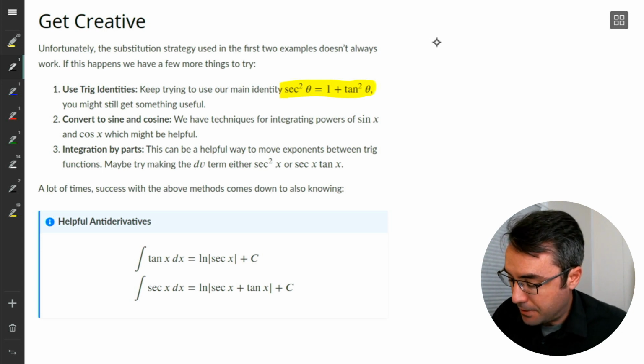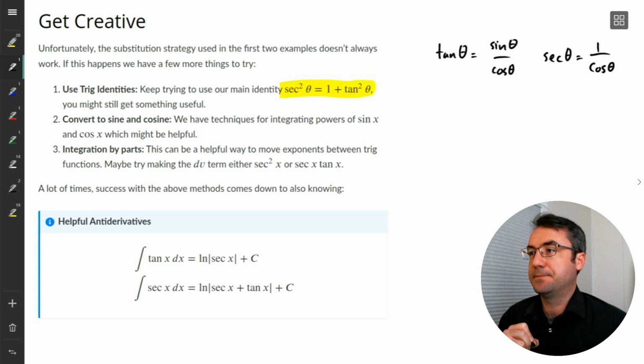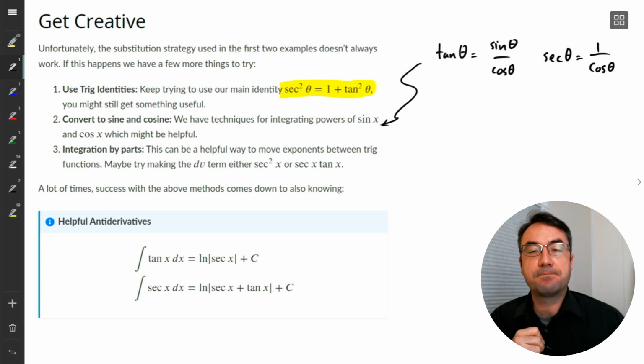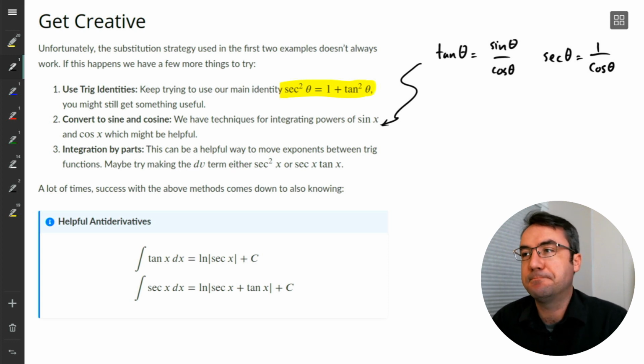Tangent theta is equal to sine theta over cosine theta, and secant is 1 over cosine. It's the reciprocal of cosine. Those might be helpful to remember specifically for option 2 here, converting everything to sine and cosine.